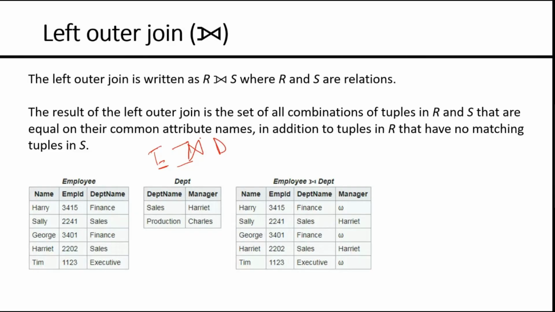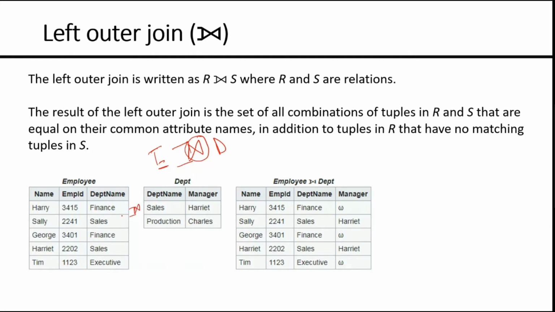So first, obviously, because this is a natural join, you have to perform a natural join. Then some of the tuples are going to be left out and remaining. Those you have to consider in the final table. How you are going to consider, let's see in this case. So what you are applying here is the left outer join operation.